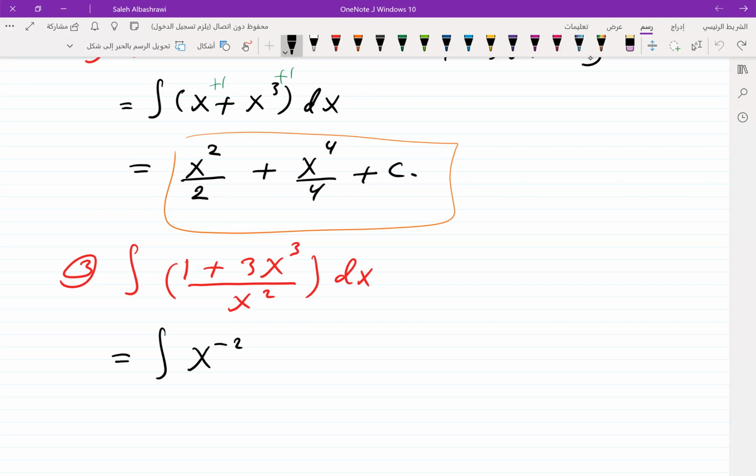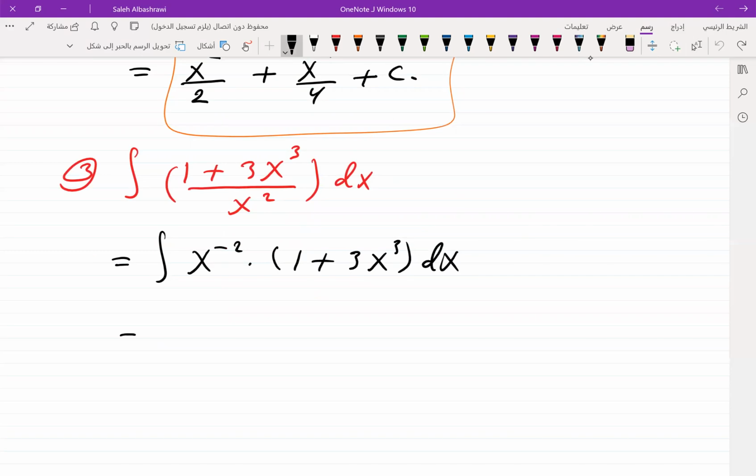The denominator I can write as x to the power minus 2 multiplied by 1 plus 3x to the power 3 dx. Now open the bracket and then integrate. So this is equal to integration of x to the power minus 2 multiplied by 1 is x to the power minus 2, plus 3 x to the power minus 2 times x to the power 3 is x to the power 1 dx.